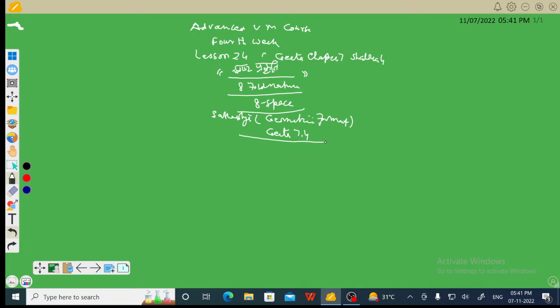Open the text of Geeta text, chapter 7, Shloka 4, and here it is described that eight folds of Prakriti nature are: number 1 is Prithvi, earth, and TC value is 25.